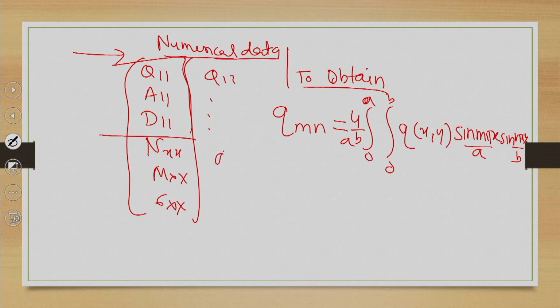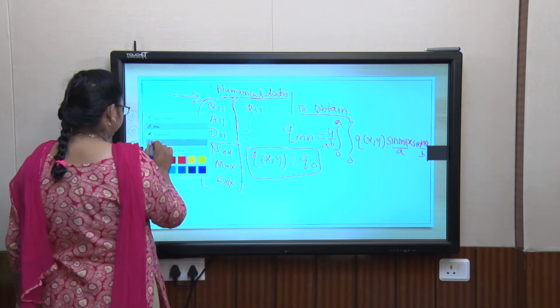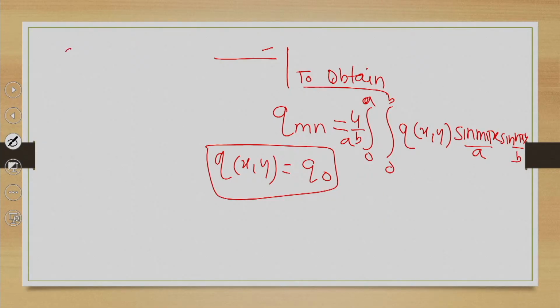Now, let us say my QXY is just a UDL kind of thing, Q naught, not a function of anything. Then what will be my QMN? You have to solve this integration. This is very, very important.